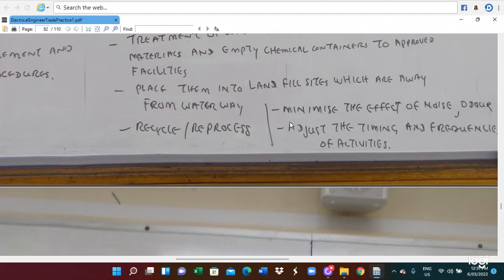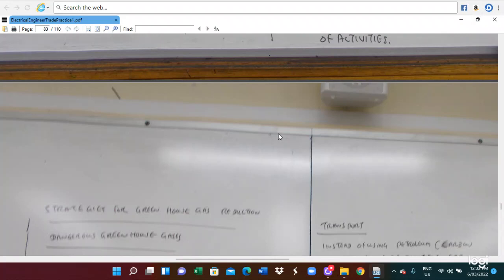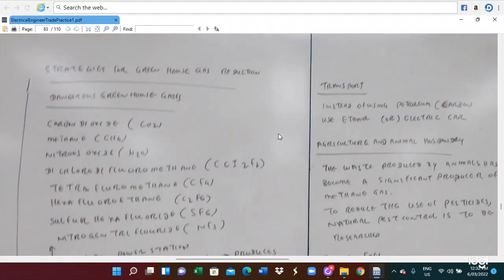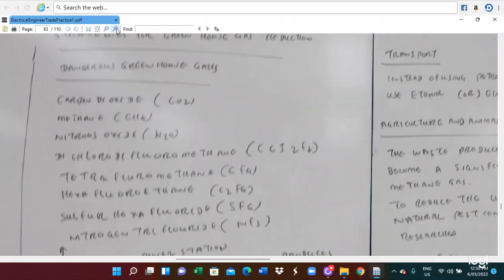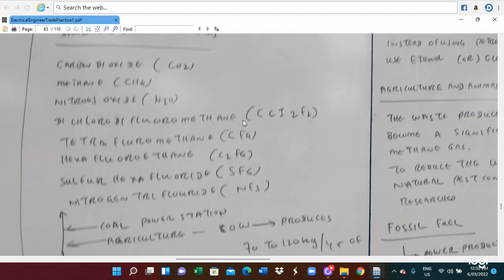We have to minimize the effect of noise and adjust the timing of the activities, which is also an important aspect. Therefore, we have to follow the greenhouse gas emissions procedure.